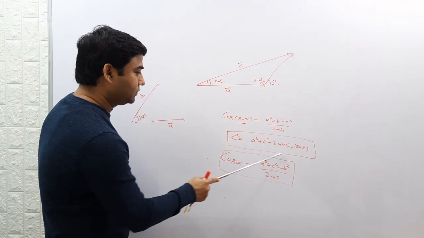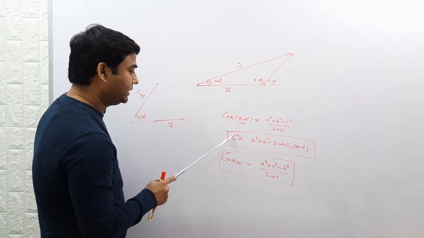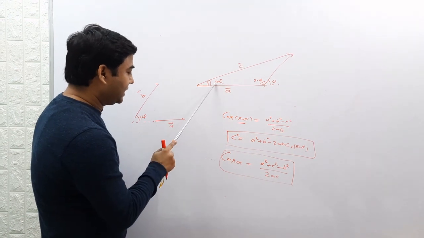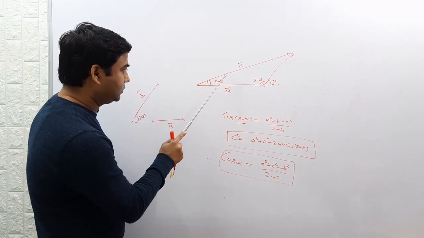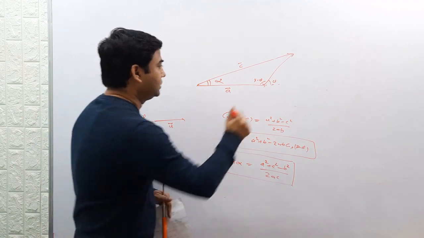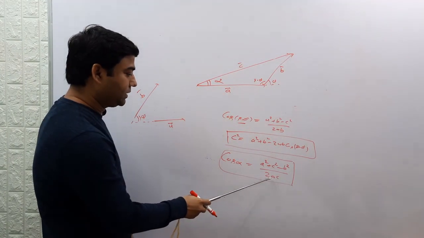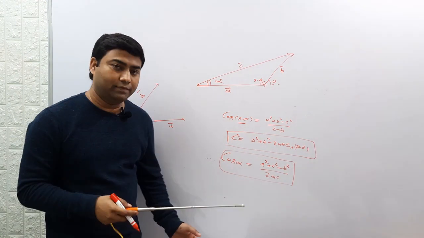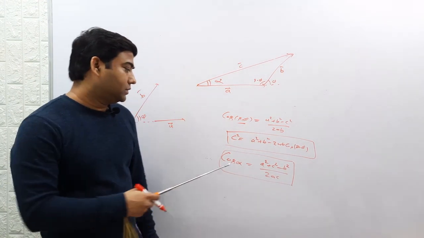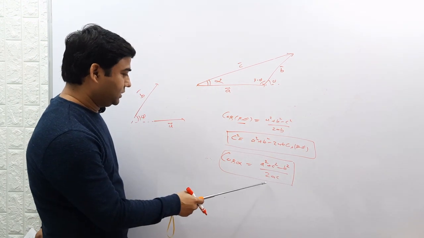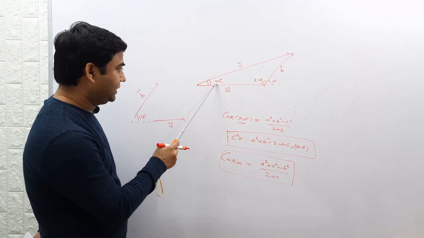Putting in this formula, you can find the magnitude of this vector. And cos alpha is equal to (A square plus C square minus B square) by 2AC. You might have seen this formula in trigonometry. From this formula you can find the angle alpha.